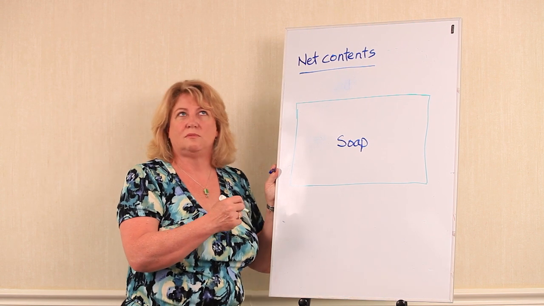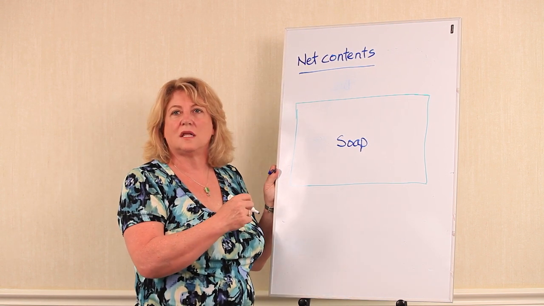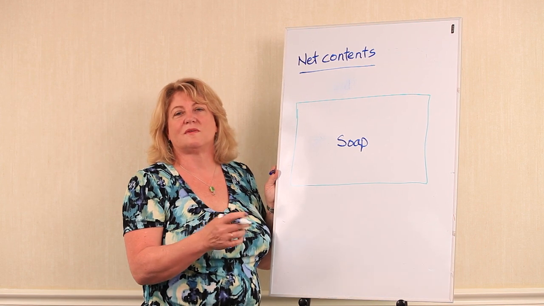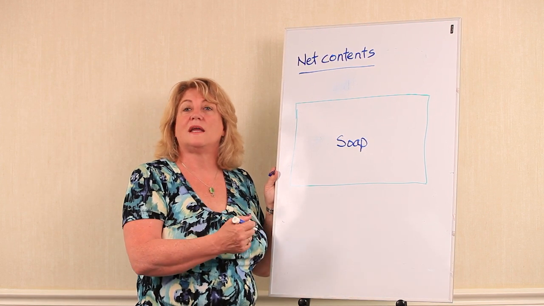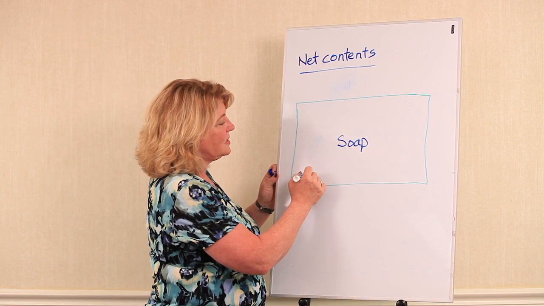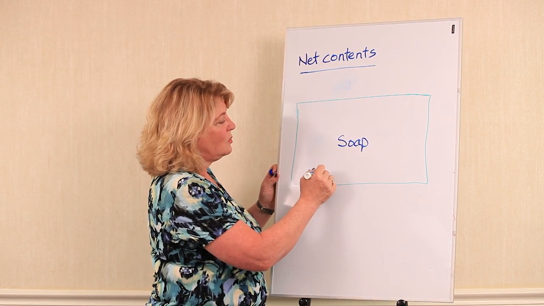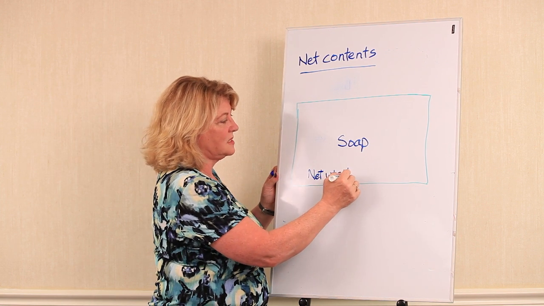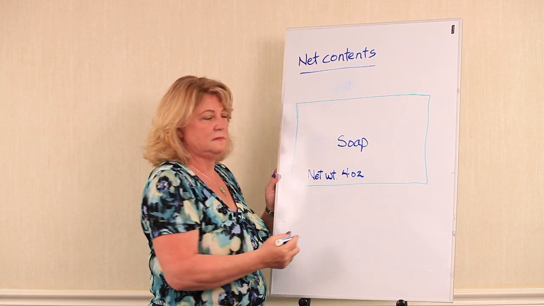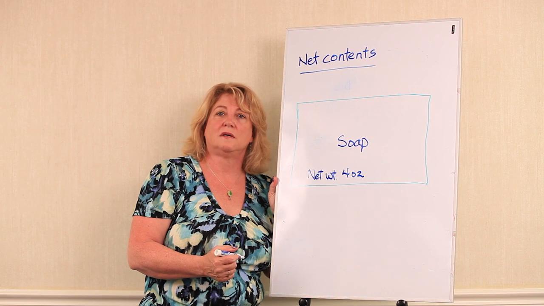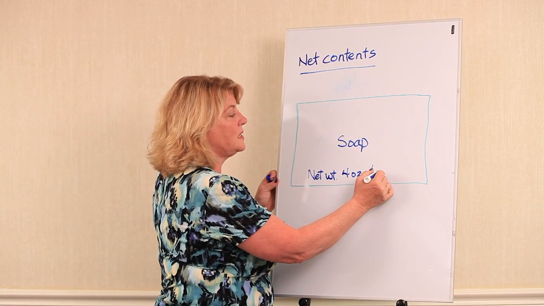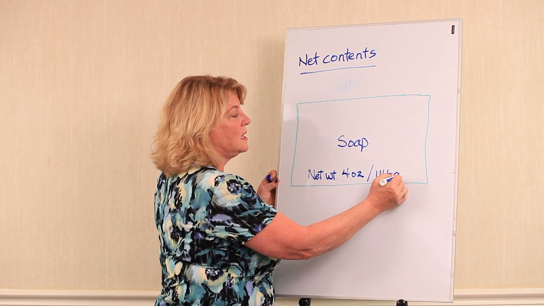Since soap normally is a solid bar, if it's liquid we're going to do it differently, but for a solid bar you're talking about weight. So you would put the net weight, let's say, is 4 ounces. You also have to put on there that it's in metric, so that would be grams, so it would be 114 grams.